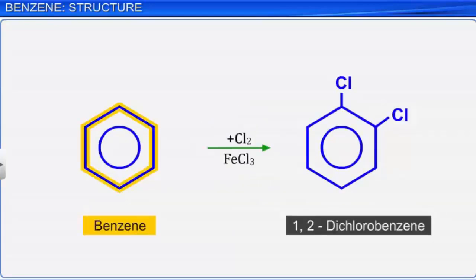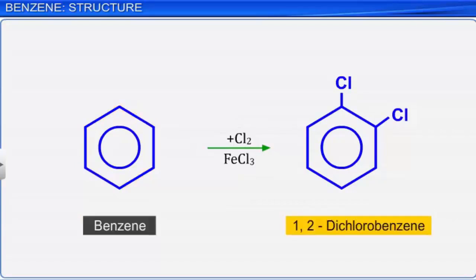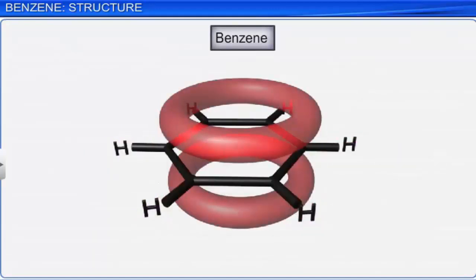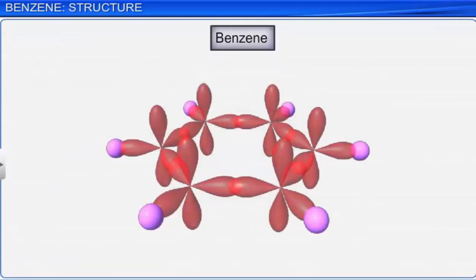In order to understand the structure of benzene in a better manner, let's look at its orbital structure. According to the orbital structure, each carbon atom in benzene undergoes sp2 hybridization. One unhybridized p orbital remains on each carbon atom.